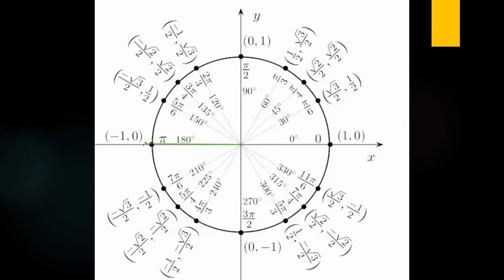Here now, we have pi, which is 180, and its cosine is negative 1, its sine is 0.